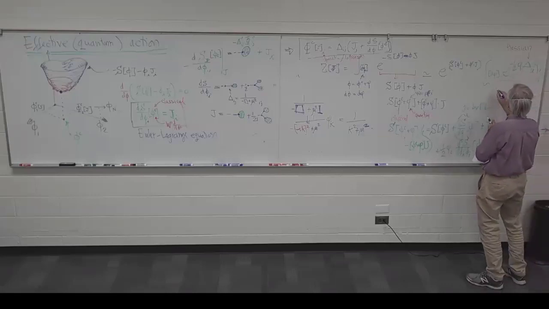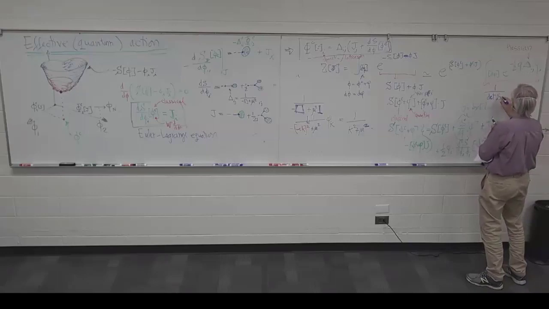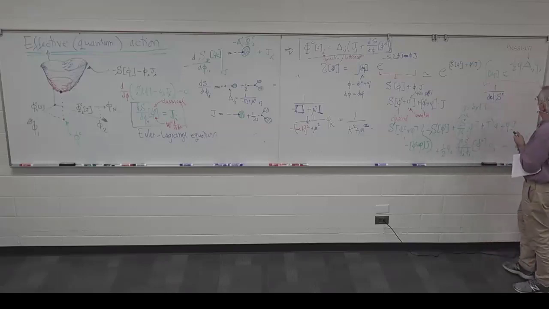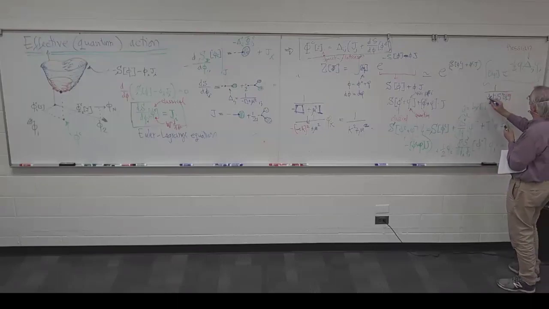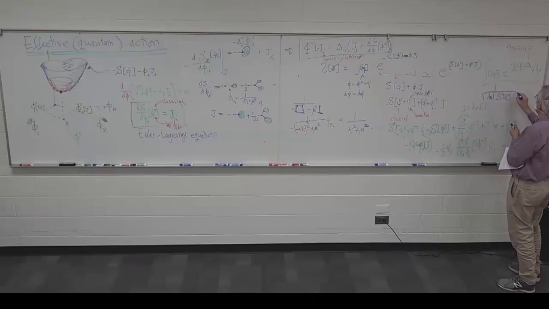And we get a determinant of the second derivative as a function of phi classical. And then because it's Gaussian, there is a square root.